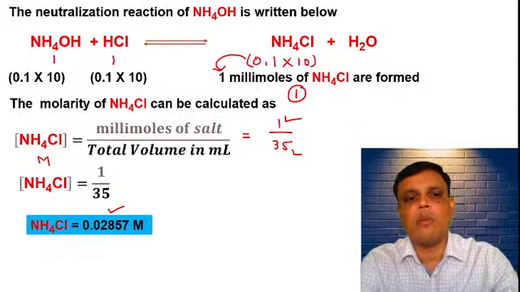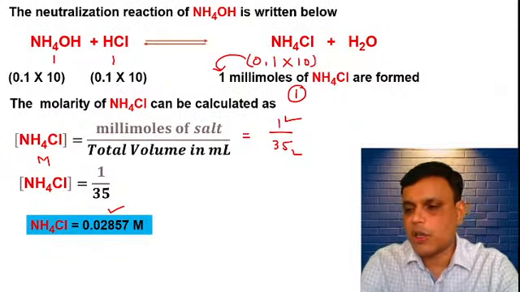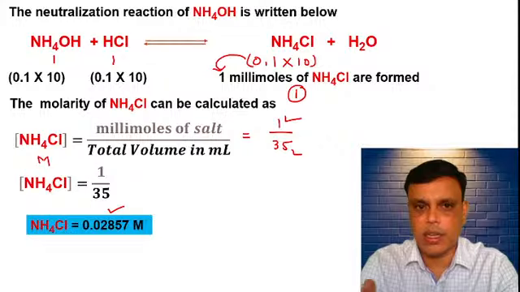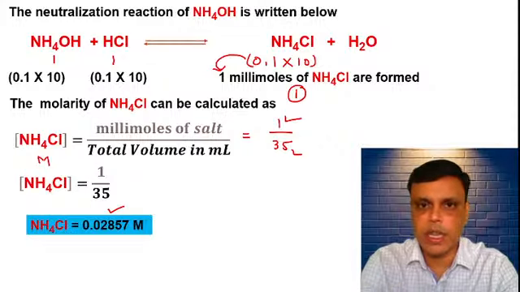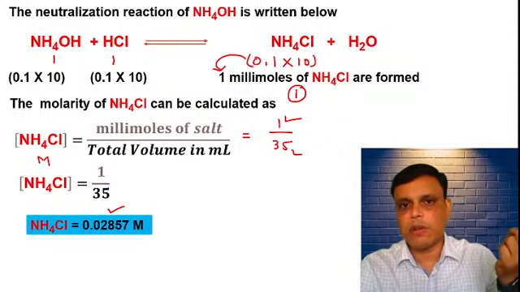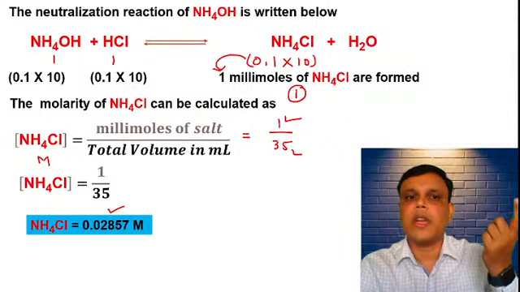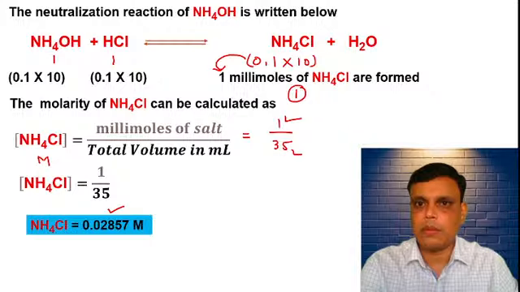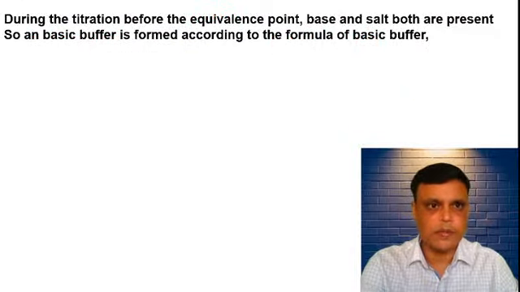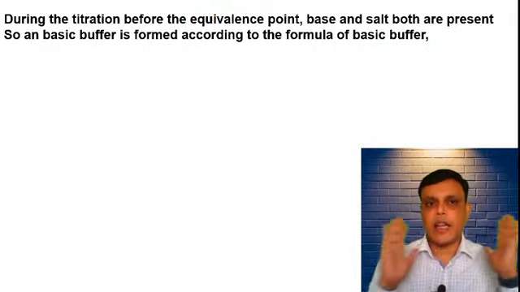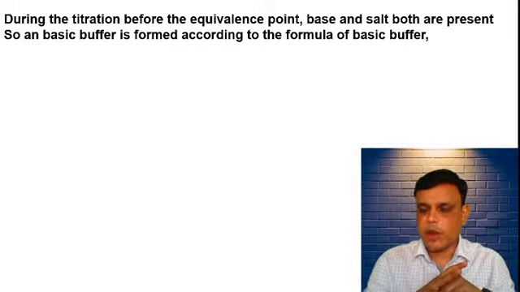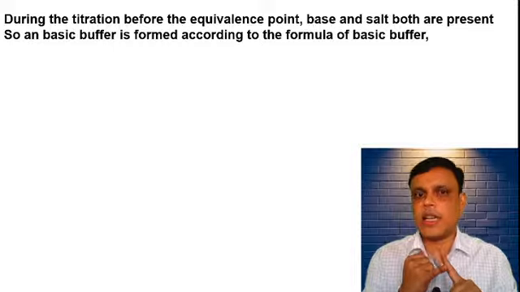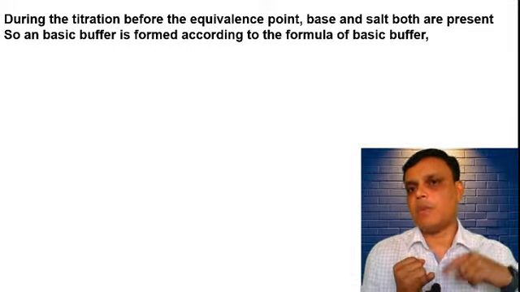This is the molarity or concentration of ammonium chloride, that is salt. This is the concentration of salt. Please remember that. And in the first case, we have calculated the normality of base. ठीक है? Okay. Then during the titration, before the equivalence point, your solution contains base plus salt. Your solution contains base plus salt of that base.